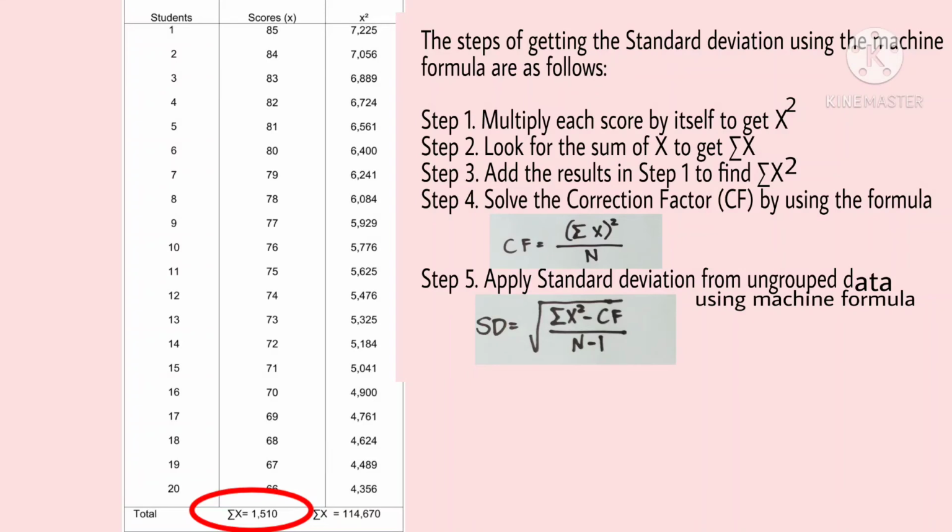So the summation of x, or the summation of scores here, is 1,510.